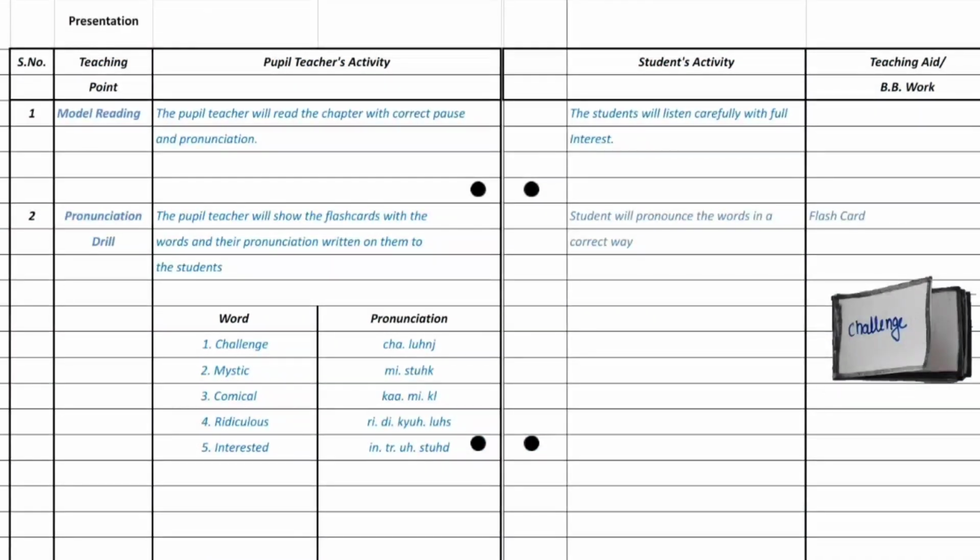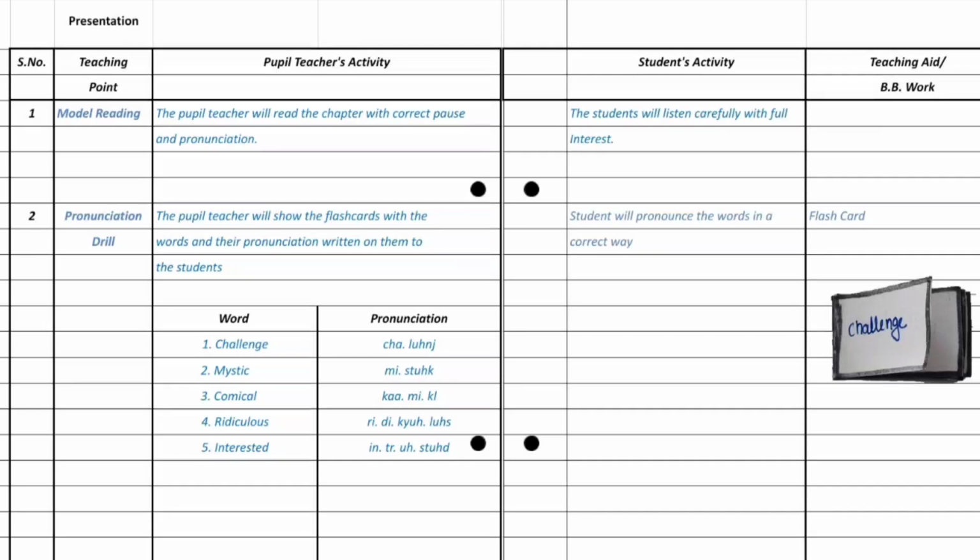So now the introductory part is over and the presentation part starts from here. In the presentation part, we'll make 3 columns on the left punch sheet and 2 columns on the right punch sheet.